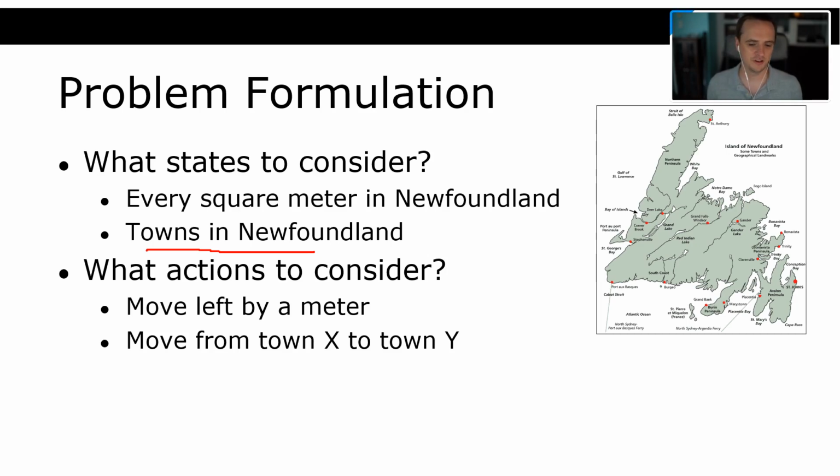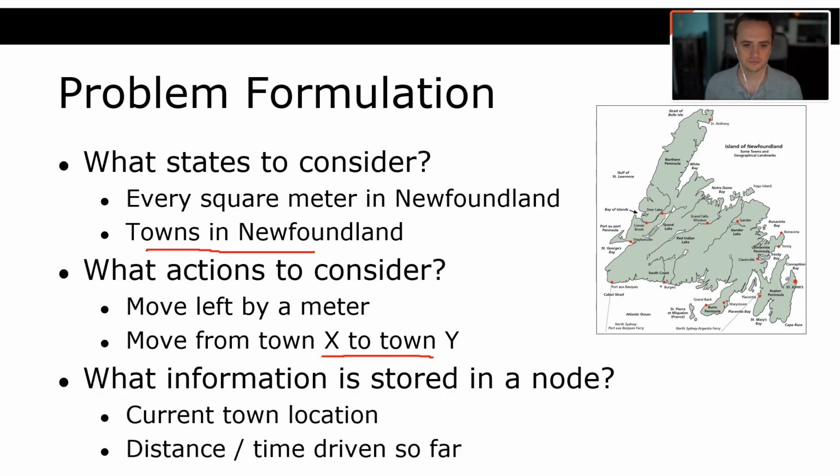Because every major town in Newfoundland is connected by a road, right? So we could have an action be move from St. John's to Placentia via the Trans-Canada Highway, right? That could be a possible action. So moving from town X to town Y, that could be an action in our search as well. And then what information is stored in a node for this search? Well, we could have, for example, the current town location, the time or distance driven so far, etc.